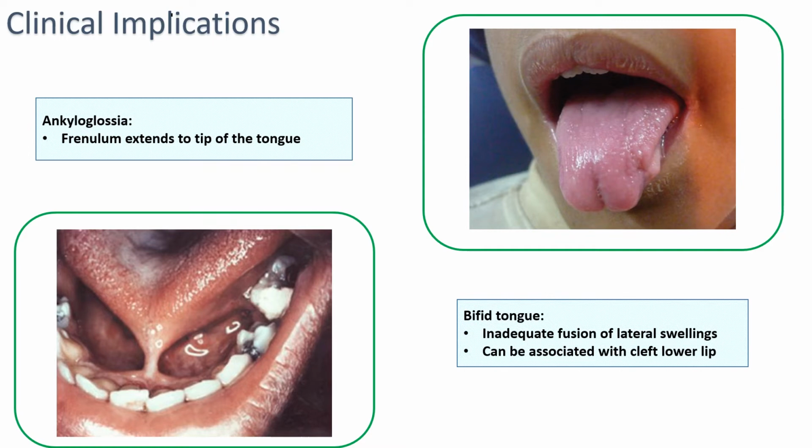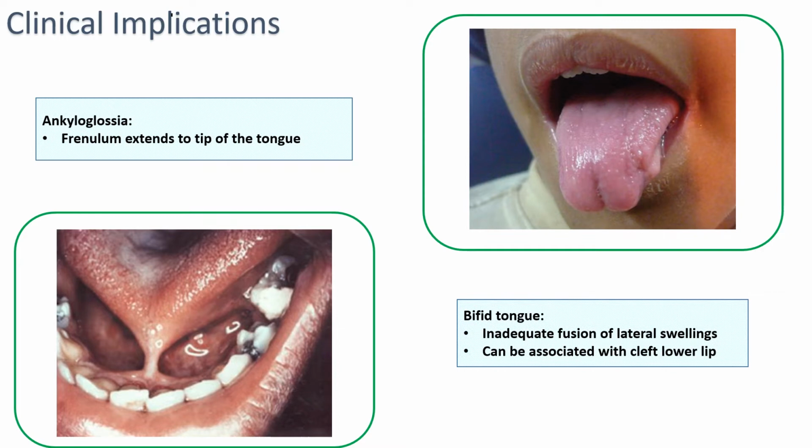In ankyloglossia, basically the tongue isn't completely freed from the floor of the mouth. So, as I briefly mentioned in the previous slide, in normal regular development, the tongue is basically set free or released from the floor of the mouth. And the one structure that's left to hold the tongue in place is the lingual frenulum.